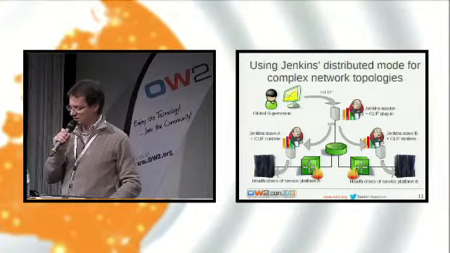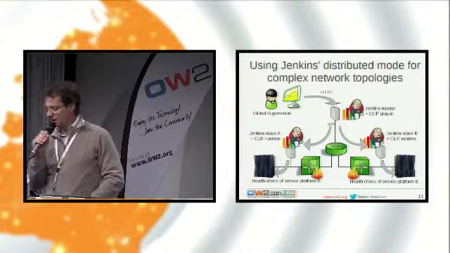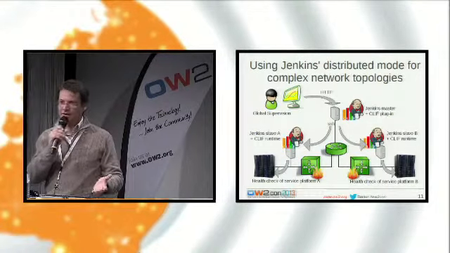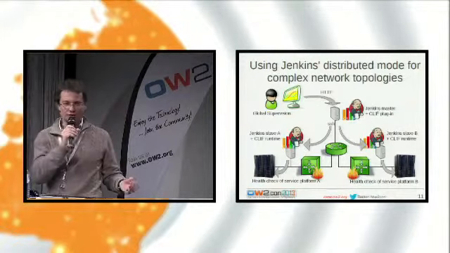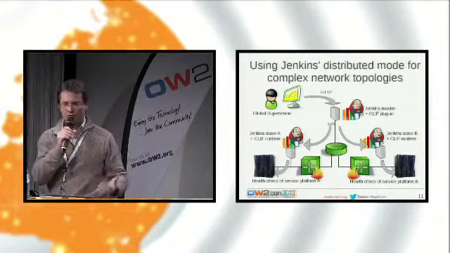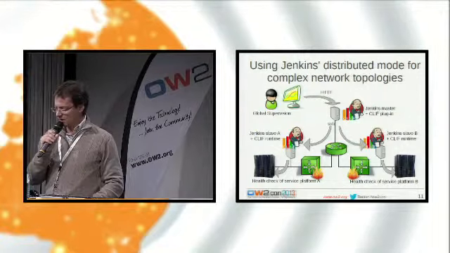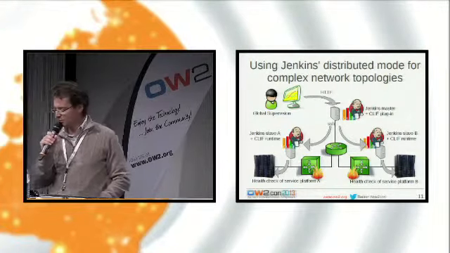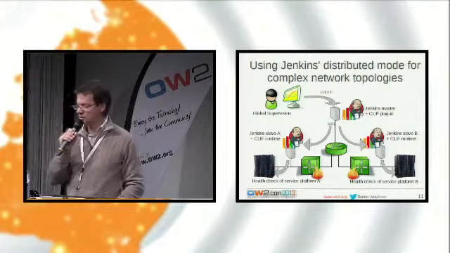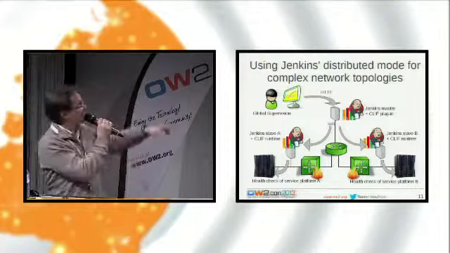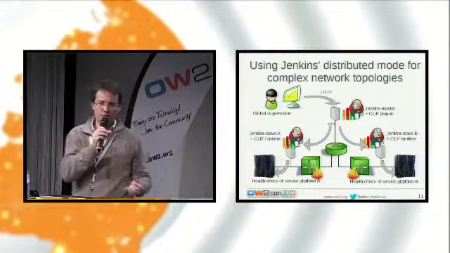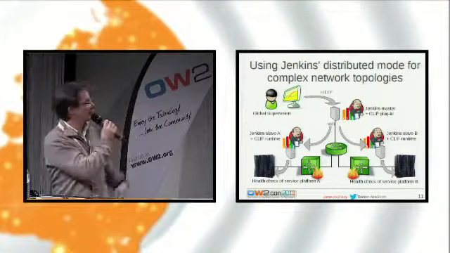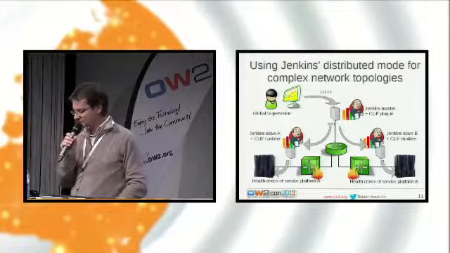So the idea is that we are first using Cliff with a very thin workload. We just want to check the health. We don't want to do load testing. And the second idea is that we use the distributed mode of Jenkins with a master server, which will concentrate all the control and all the reports for all service platforms.